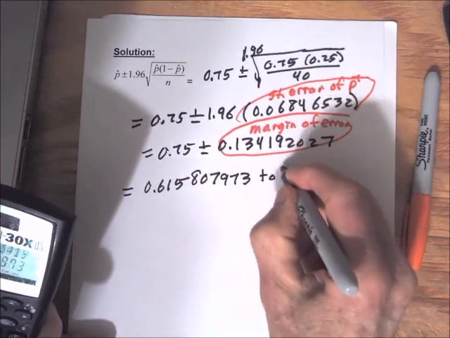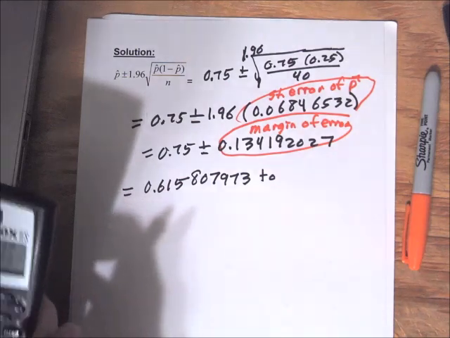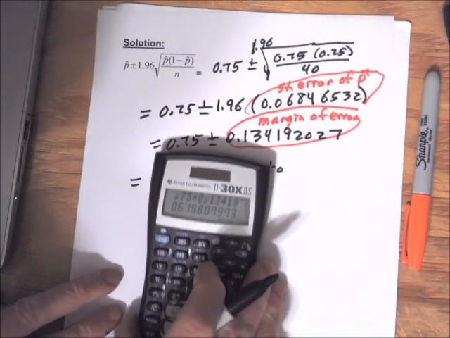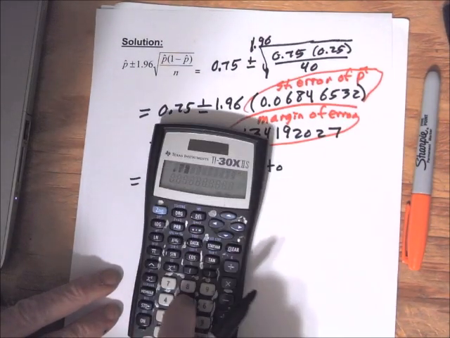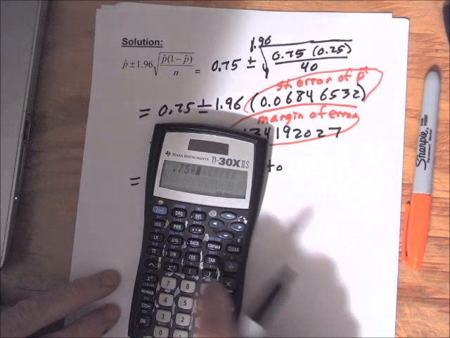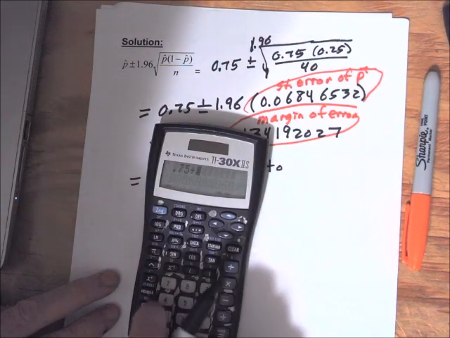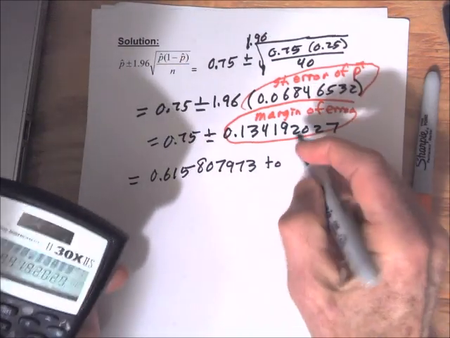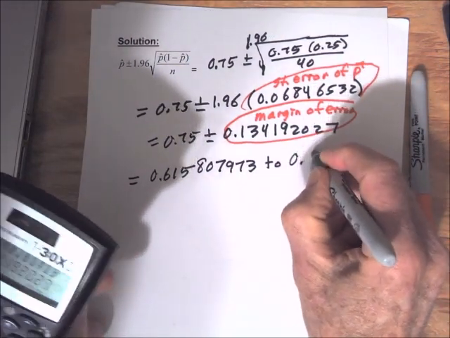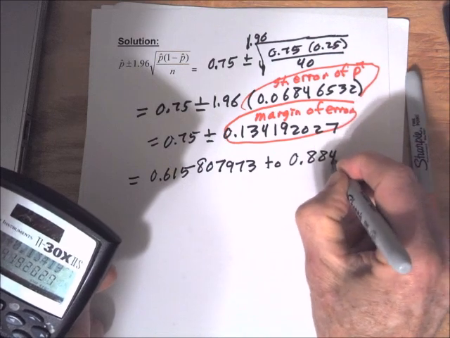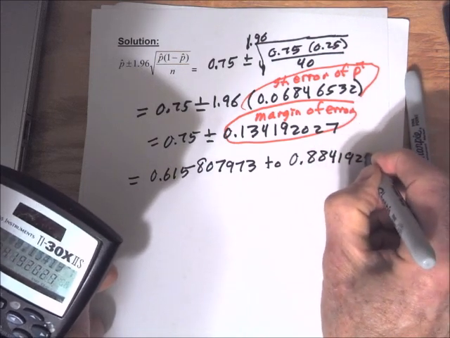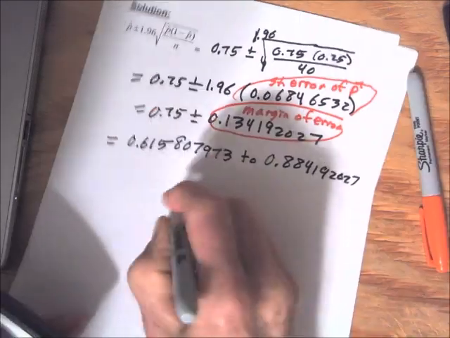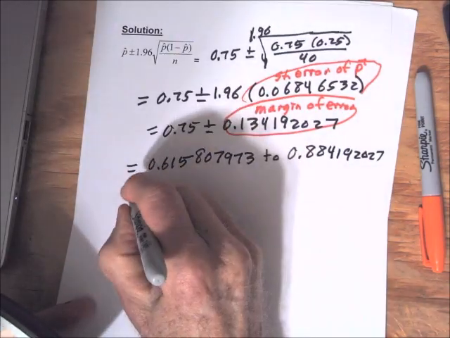If we add the margin of error, 0.75 plus second recall equals about 0.884192027.